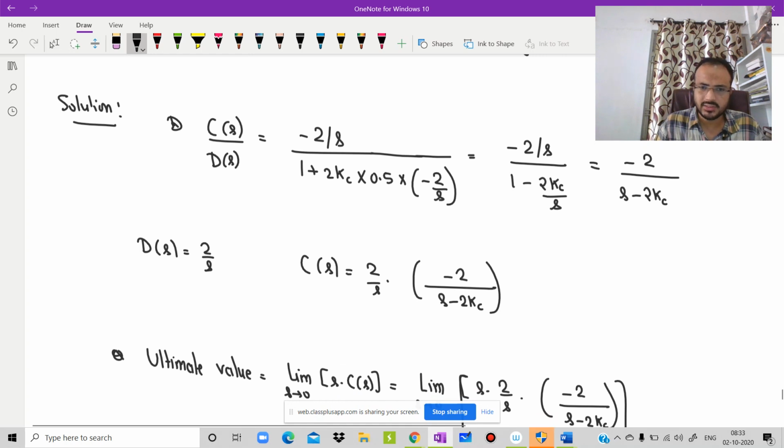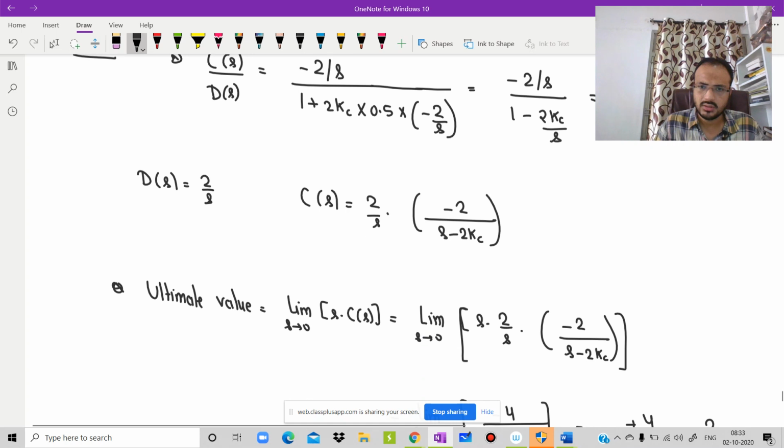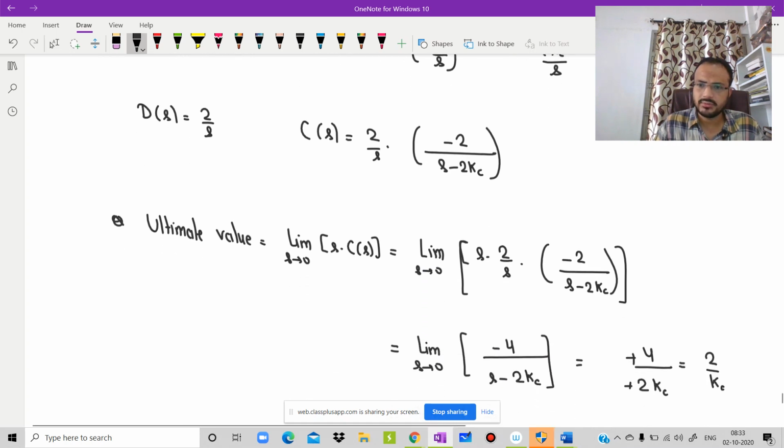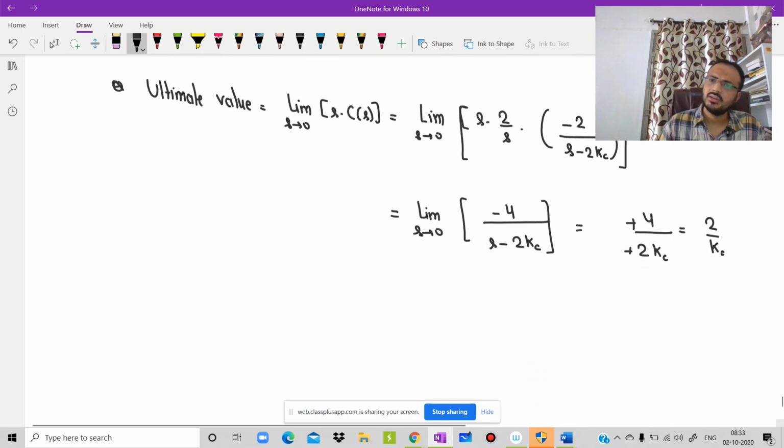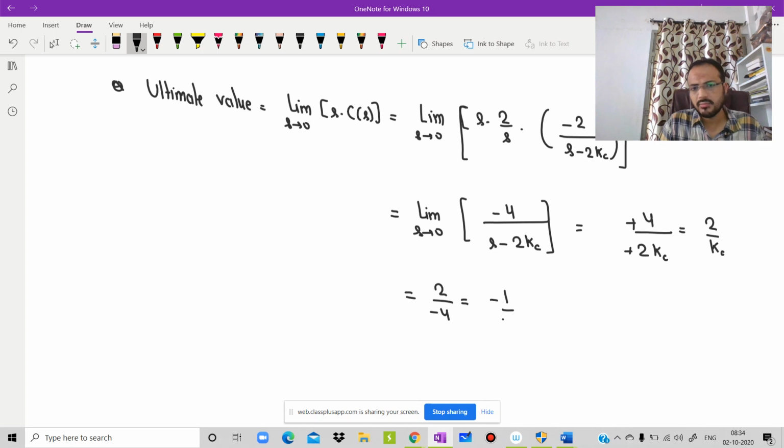Two step change, 2 by this, 2 by Kc. So you will get 2 by minus 4. You will get the answer minus 1 by 2.